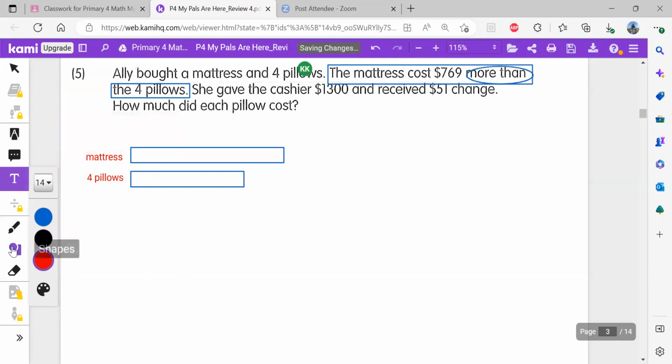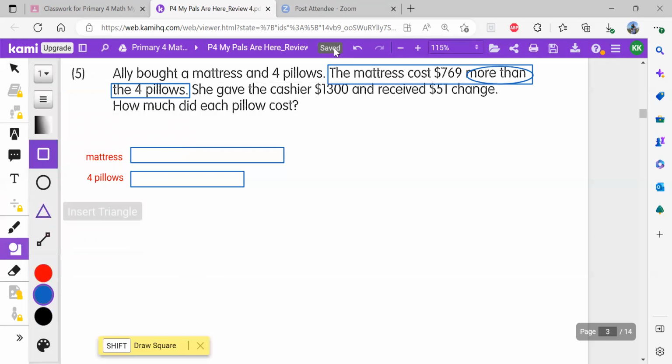It's 4 pillows because it's the mattress that costs more than the 4 pillows. So it's mattress and 4 pillows.